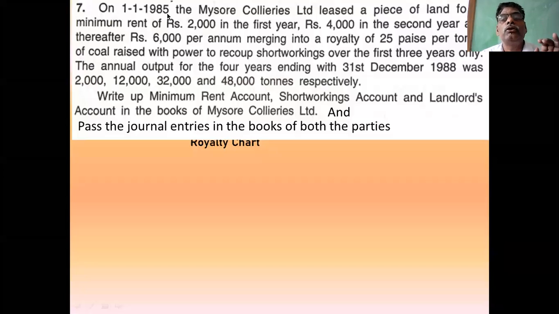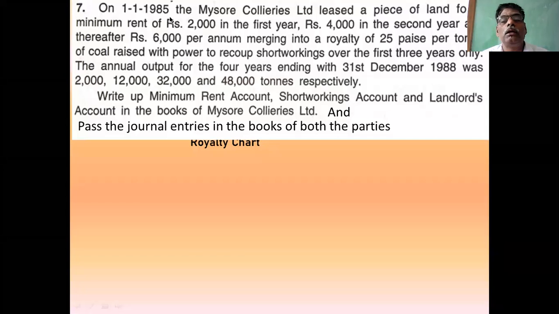In these 3 years, you have to recover the short working. And in subsequent years after 1985, 86, 87, from the year 1988, you are not permitted to recover the short working.